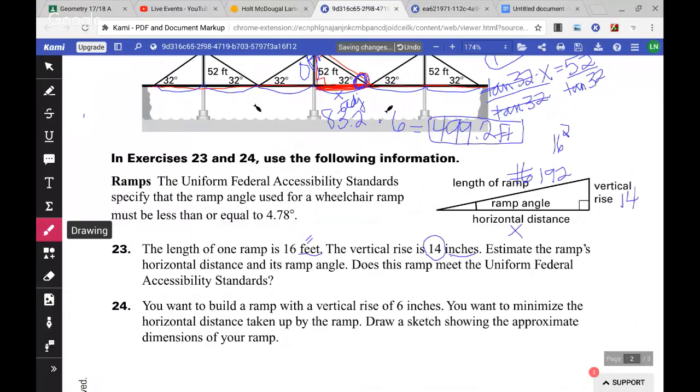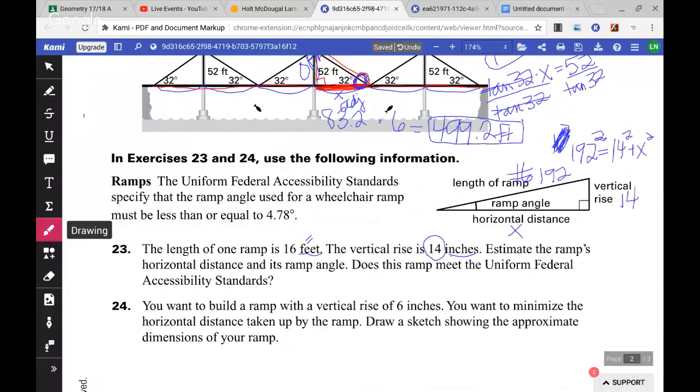So we'll be sure when we're measuring we got the right thing. Okay, so we did hypotenuse squared, that by itself, equals 14 squared plus x squared.